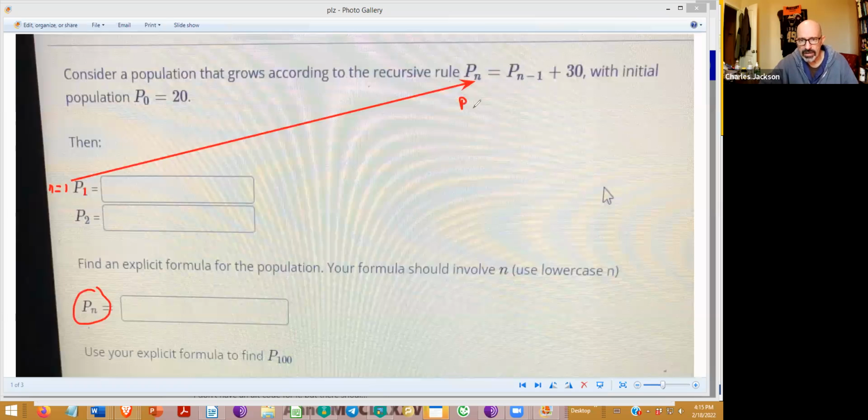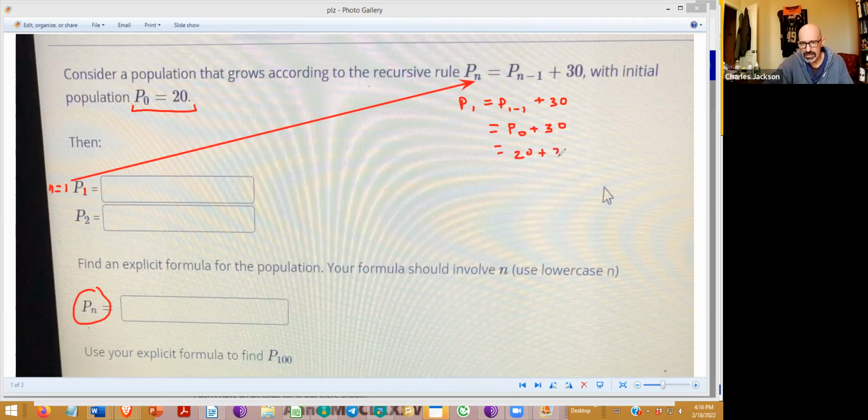P sub 1 equals P sub 1 minus 1 plus 30. 1 minus 1 is 0, so P sub 0 plus 30. P sub 0 we know is 20. So this is 20 plus 30, which is 50. So P sub 1 is 50.